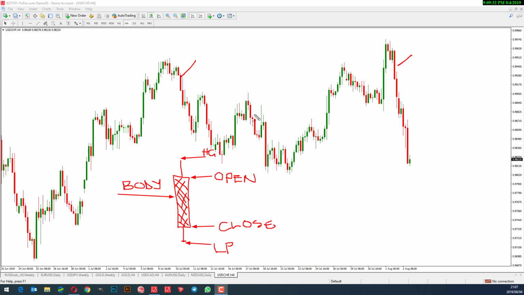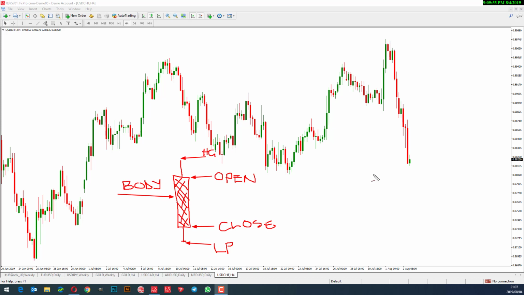So the bigger the candle, the stronger the momentum in the direction of the candle. If it's a bearish candle, the momentum is strong to the downside.